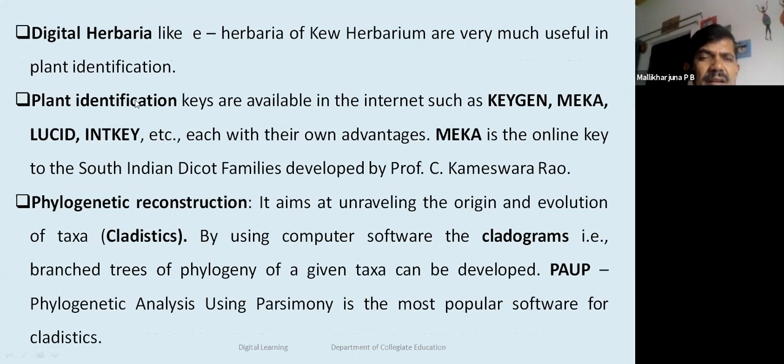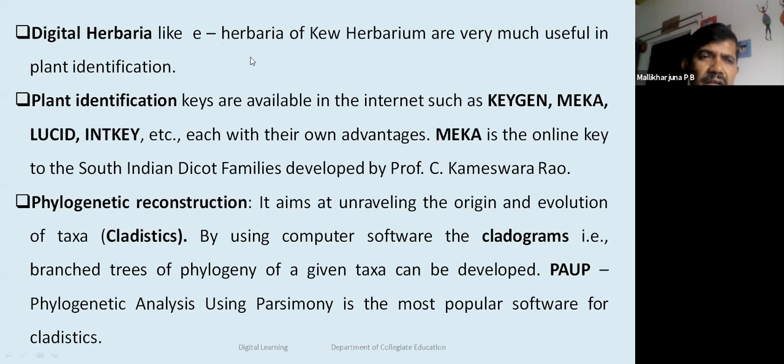Well, even digital herbaria. Previously, we used to see physical herbaria, where a dried plant specimen on a paper is used. By that method, we used to spoil so much vegetation, and rare species would sometimes come under threatened status.